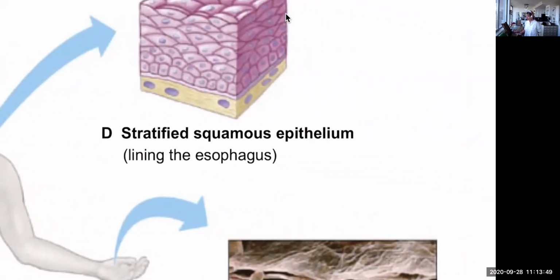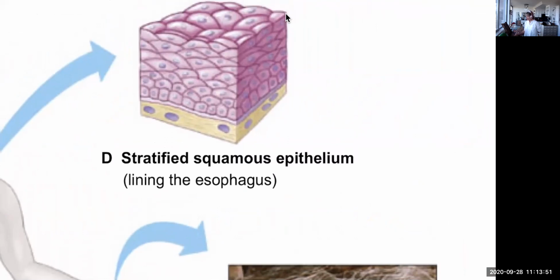Stratified squamous epithelium. So that's just stacks of cells, and the lower cells replace the upper cells. You'll find that, for example, lining the esophagus, because when you eat food, you lose a lot of those cells. And so the cells at the bottom simply replace the cells that you've lost.